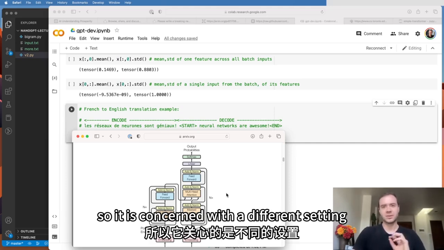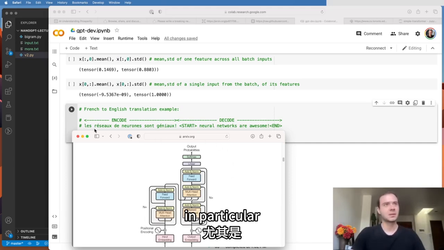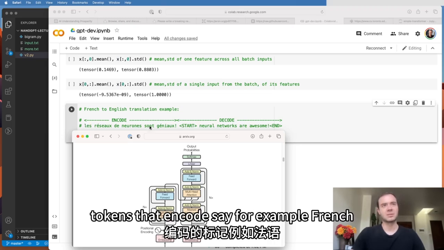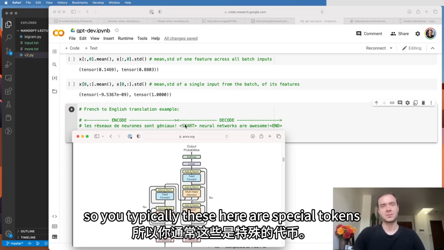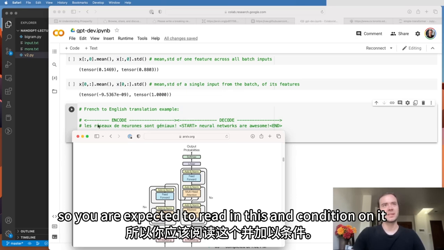So it is concerned with a different setting. In particular, it expects some tokens that encode, for example, French, and then it is expected to decode the translation in English. These here are special tokens. So you are expected to read in this and condition on it.